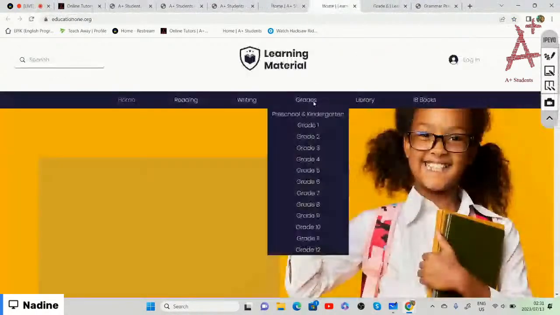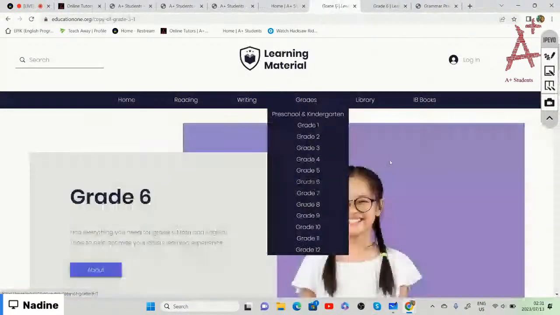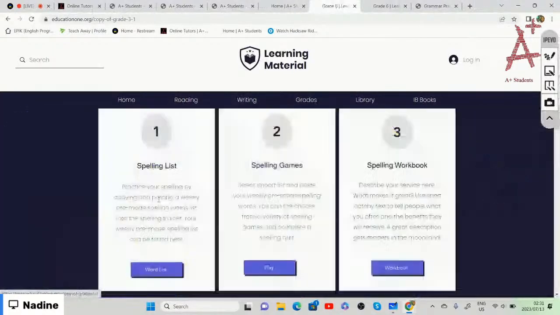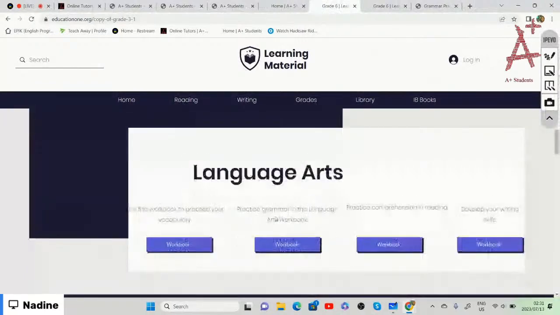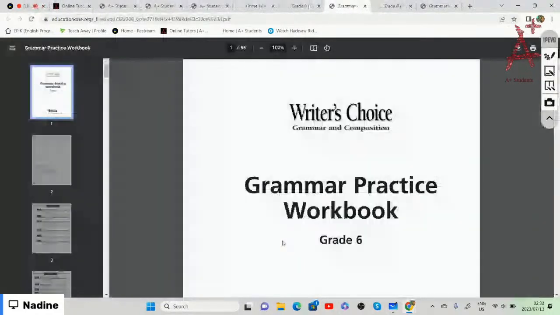We go to grade 6, language arts, where the green book is. We have 4 different workbooks, and we're going to the second workbook, which talks about grammar: the grammar practice book.